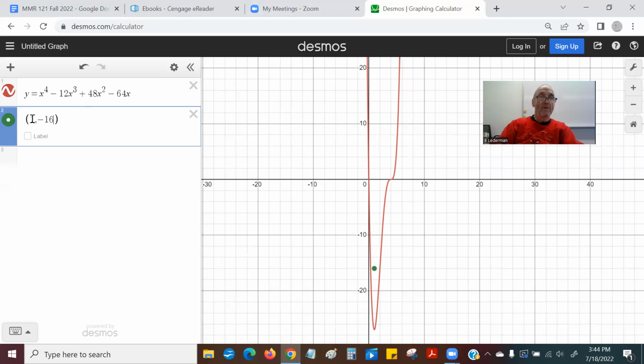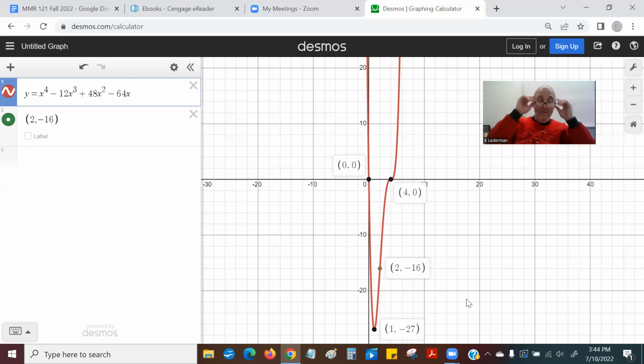Oh, I'm sorry, beg your pardon, 2 comma, that's right. There you go. That's a point of inflection right there, and it's also the x-intercept. That's the x-intercept and a y-intercept, and that's the local and absolute min, and that is our graph.